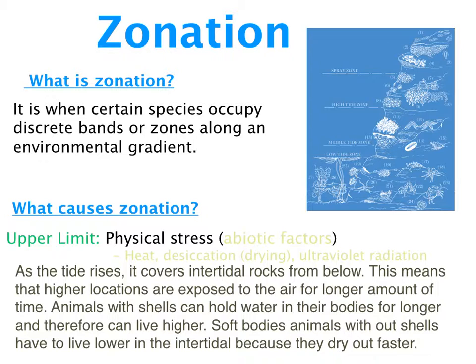Animals with shells can hold water in their bodies for longer, and therefore can live higher. Soft-bodied animals without shells have to live lower in the intertidal because they dry out faster. This is why we see only acorn barnacles and limpets in the spray zone, and we see a diversity of animals in the low intertidal, such as anemones, sea stars, nudibranchs, sea lettuce, etc.